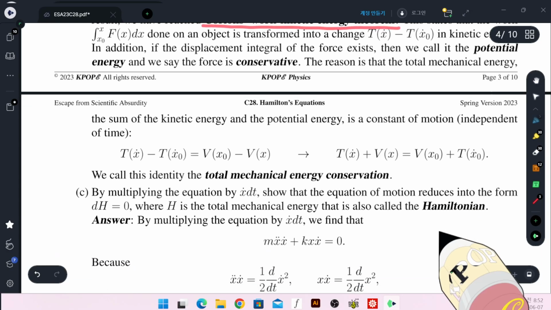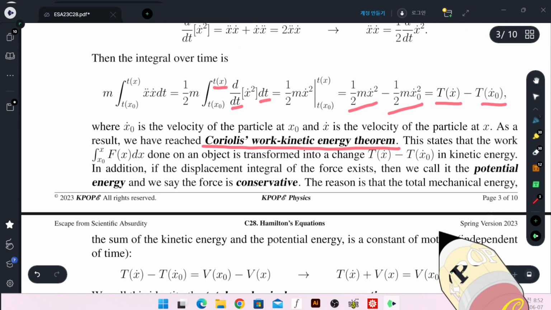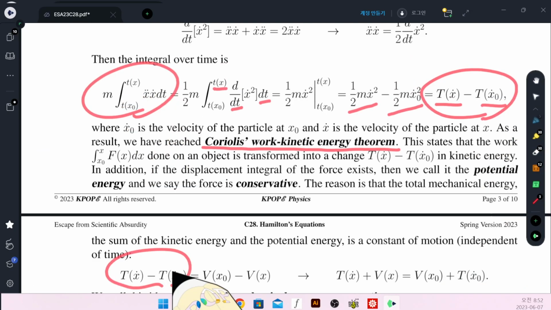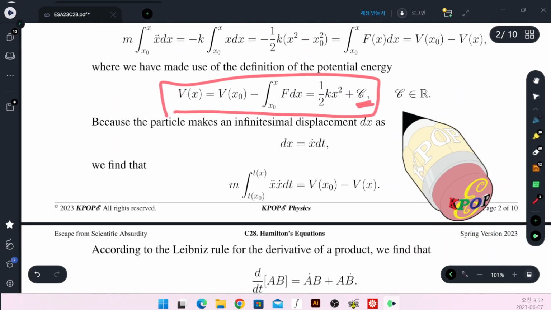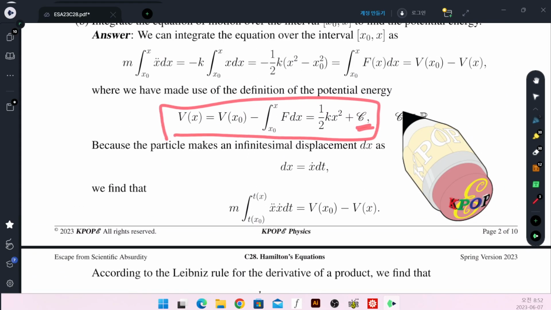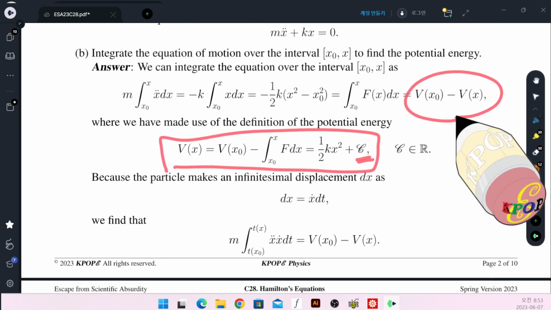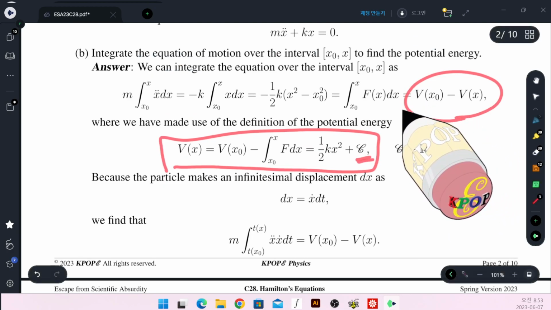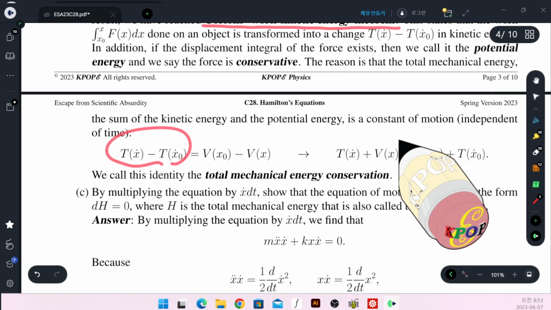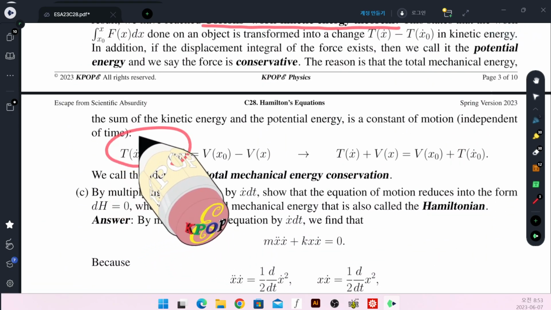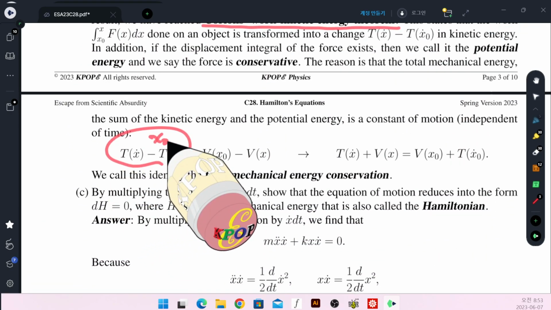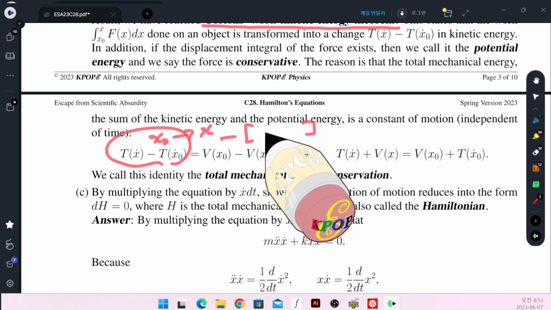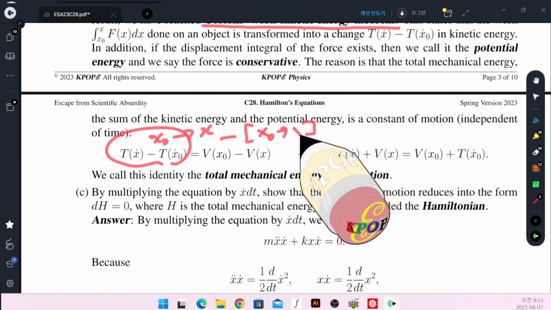As a result, what we have found is that this is the difference of the kinetic energy, and that is also identical to the difference of the potential energy with opposite sign. As a result, this is the difference from x0 to x, and this is the negative value of the difference from x0 to x.